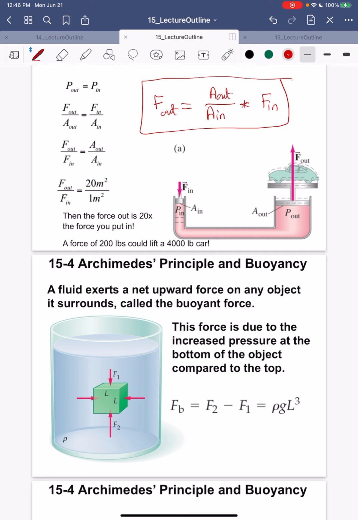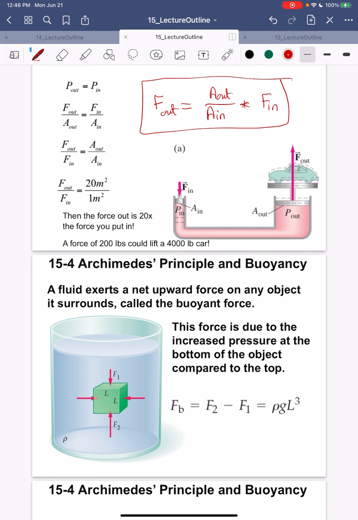And Archimedes was able to find a way to find out the density of an object using physics.